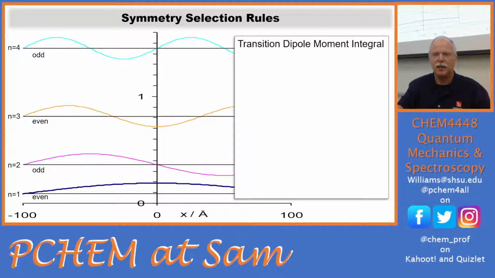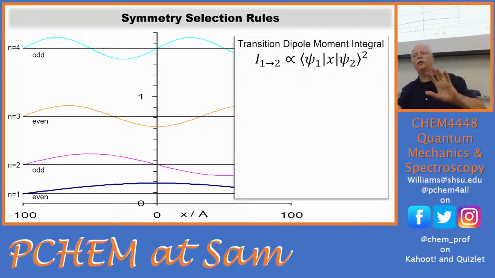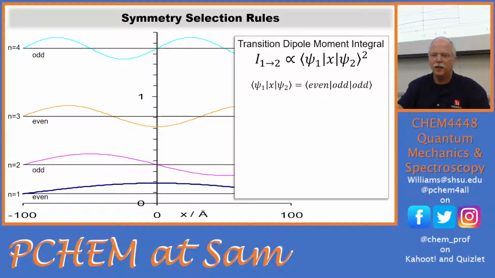So let's think about this transition dipole moment integral we had for the wave function 1 going to wave function 2 for light interacting with it. And so let's first talk about this x-axis. If we had f of x equal to x and we plot that, it's just going to be a diagonal line going through the origin.